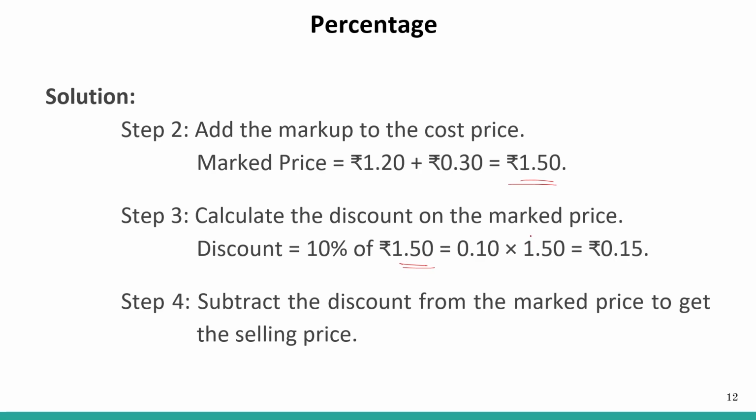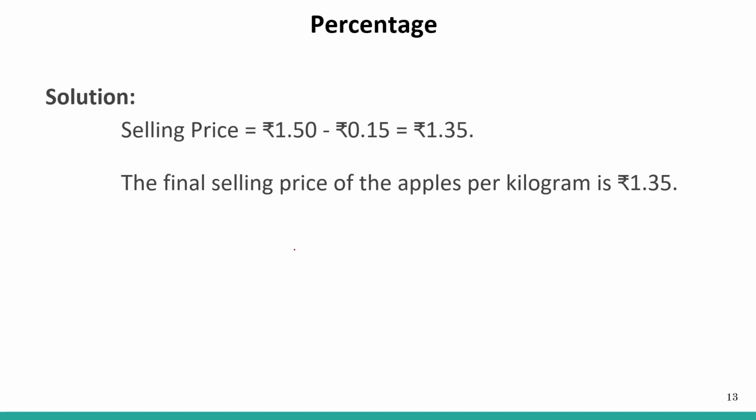So 10% of 1.50 is equal to what? 0.15. Subtract the discount from the mark price to get the selling price. We subtracted 0.15 from the mark price, and what we are left with is 1.35 rupees. So the final selling price of the apples per kilogram is 1.35.